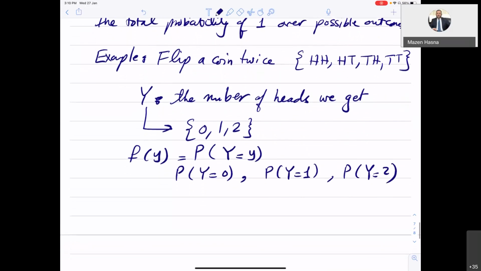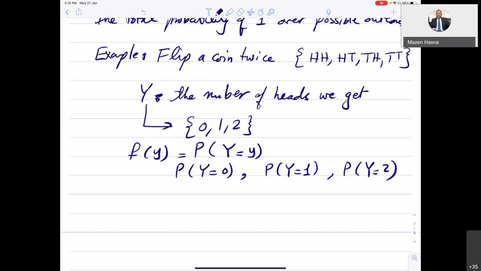What's the probability that Y equals 0? 1/4, right? So this is f of 0. What's the probability that Y equals 1? 1/2.